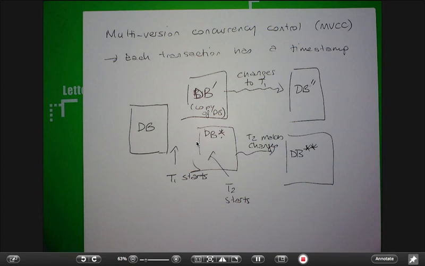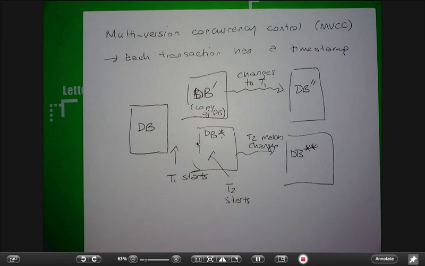So basically, multiple versions of this database exist. But obviously, you are not making a copy of the whole database. You only care about the copy of things you change. I'm going to keep multiple copies of the same data item. Since you are allowed to read anything, if I'm going to read X, I'm going to read the version of X that was committed before I started, and that's always a committed version.